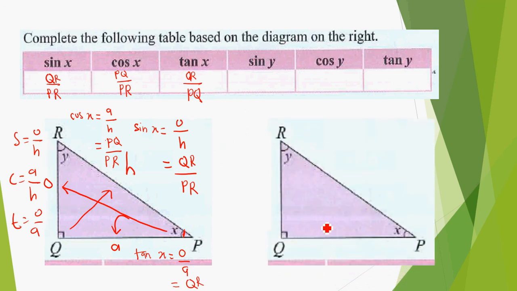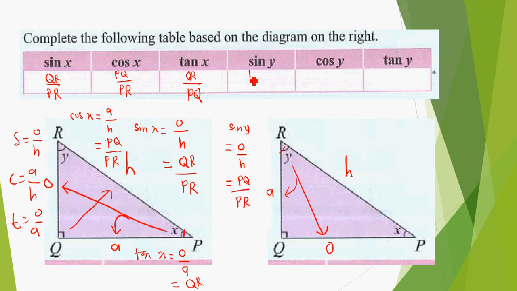Okay, so next for Y. This is the angle Y. The opposite is here, the adjacent is here, and opposite the 90 degrees is the hypotenuse. So sin Y equals the same formula, O over H, so equals PQ over PR.